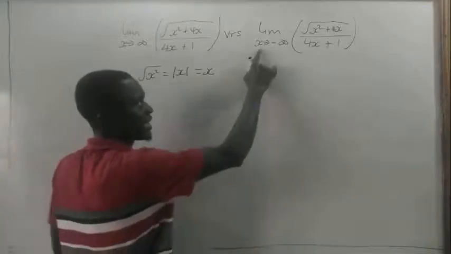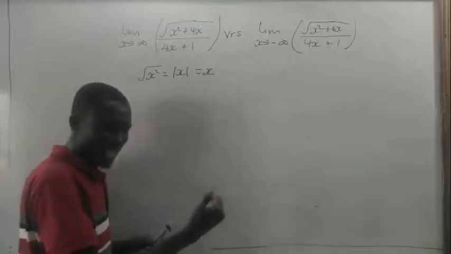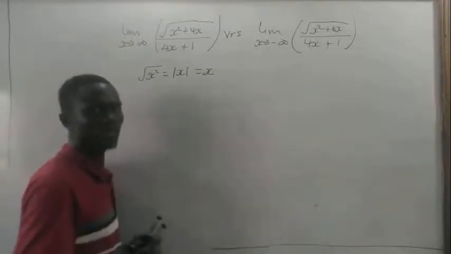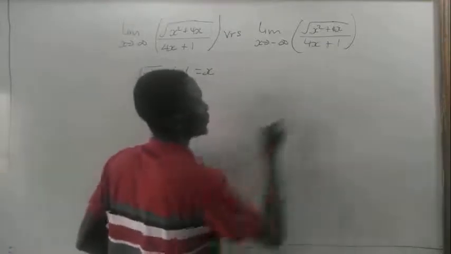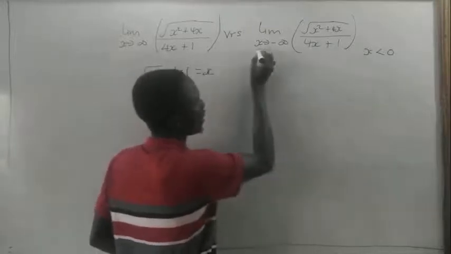Now let's go to this part. Here we are taking x approaching negative infinity. That is, we are taking values of x less than 0. Negative infinity means values of x less than 0, right? So here we are taking x less than 0.